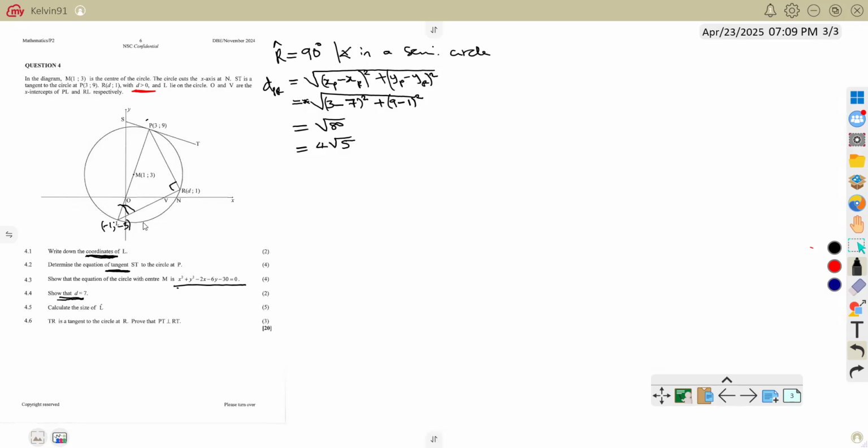Then let's calculate the length of any other side. In this case, we can calculate the length of PL.